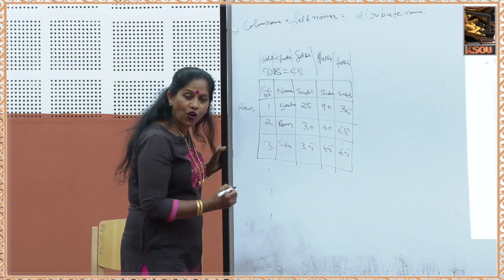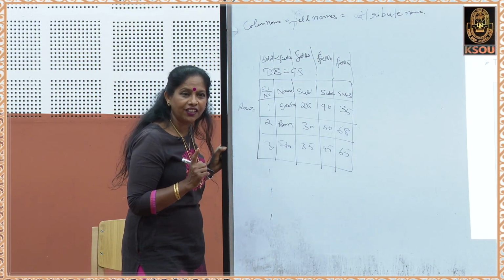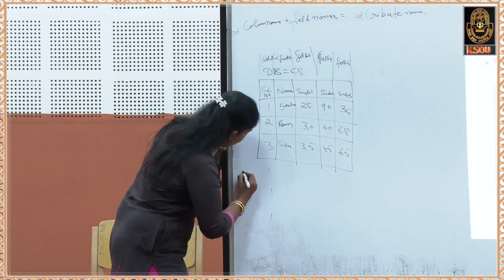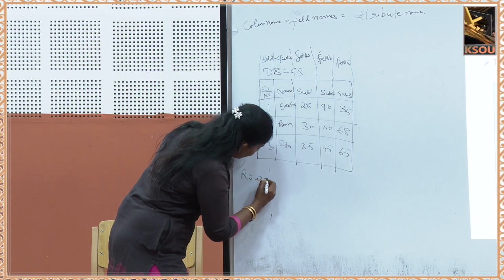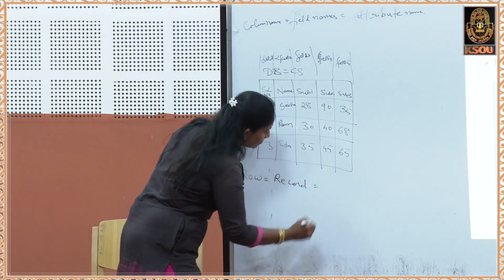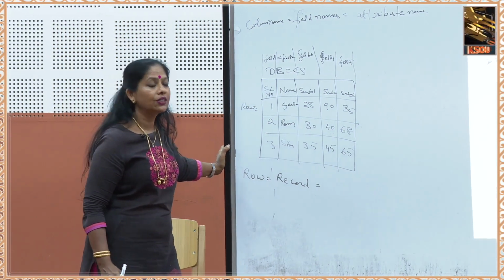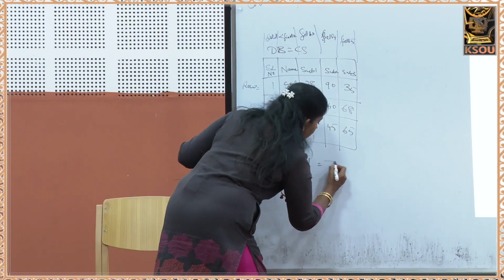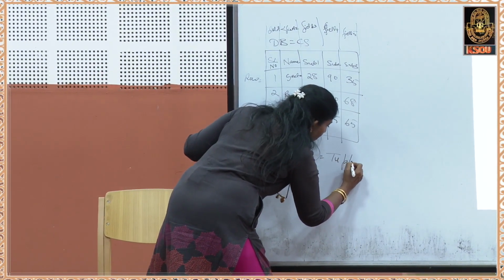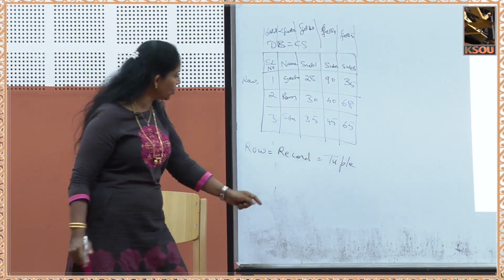So each row is called as a record. Got it? What is a record? Row, you write down, row is equal to record. Record is equal to, in computer language, what do you say? Some will say tuple. Both are same. Okay? You should remember this.